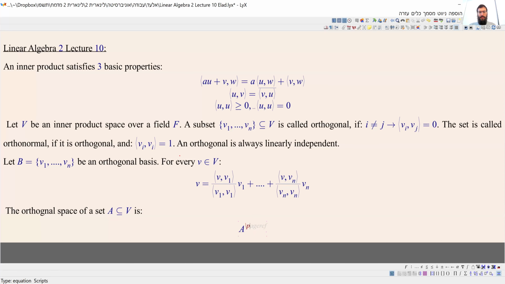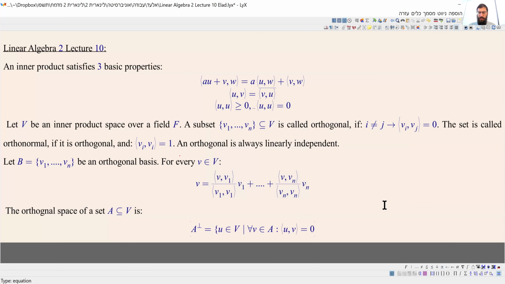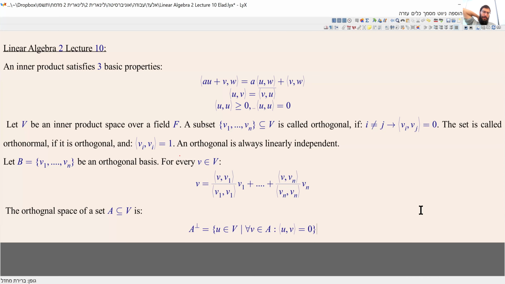That's how we denote it. It is all the vectors U in V such that for every vector V in A, we have the product of V and U is 0. It is always a subspace. We talked about it.